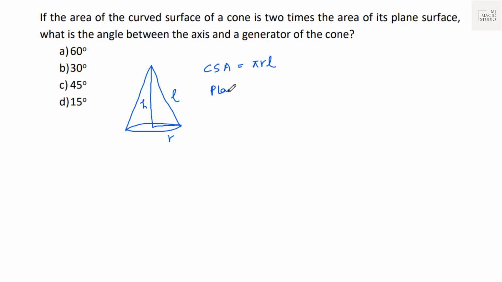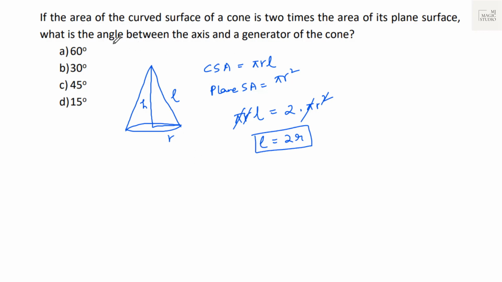Plane surface area is the area of the base, that is pi r square. So curved surface area pi RL is 2 times the area of plane surface, pi r square. Pi cancel, r gone. That means L is equals to 2r.